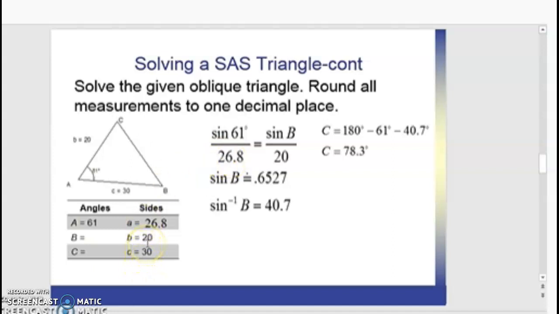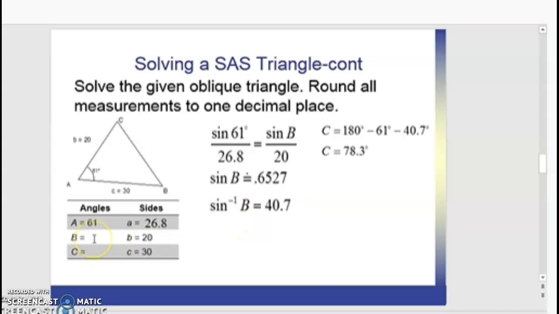We can plug in 20 for B, solve for angle B. So of course we cross multiply and divide. When doing so, we find that the sine of B is approximately equal to 0.6527, and then taking the inverse of that, we find that angle B measures 40 and 7/10 degrees.